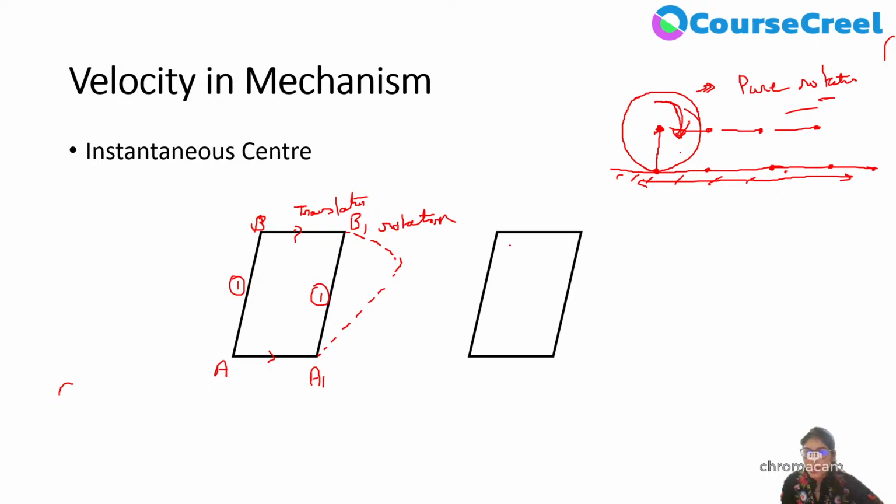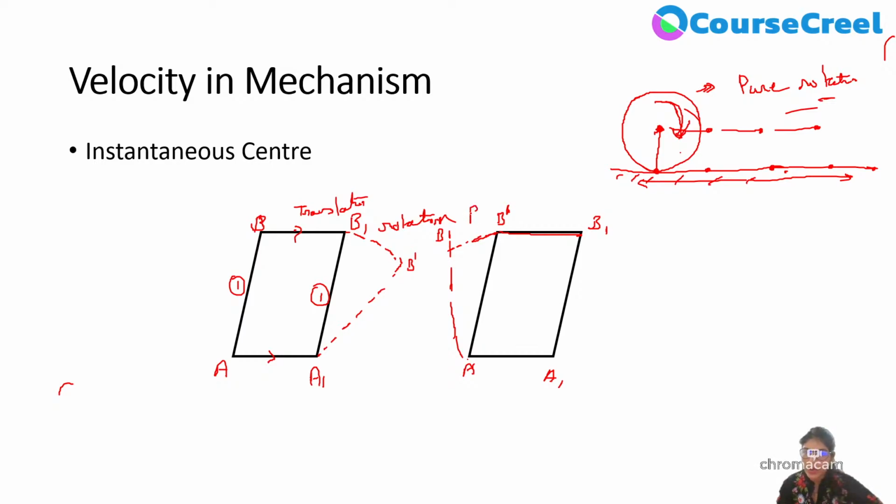Now similarly if we reverse this, suppose we have a link AB which is changing its position with rotation, with B, suppose here I write B dash, so B dash, and this AB dash after that is having translation, so it is changing its position to A1 B1.